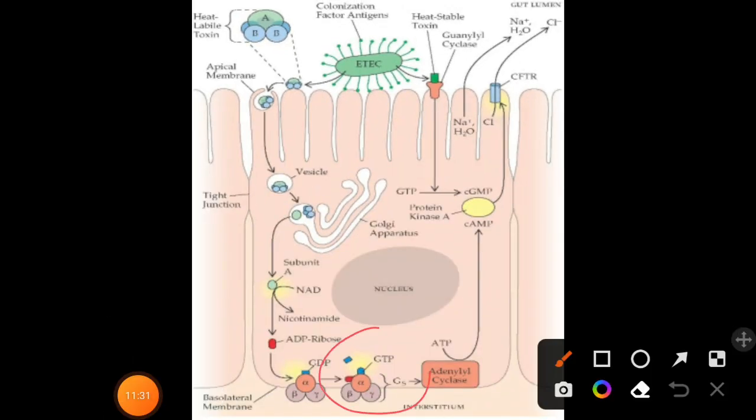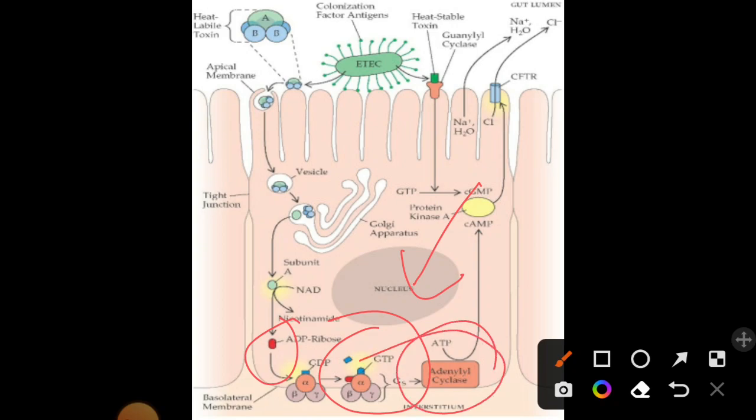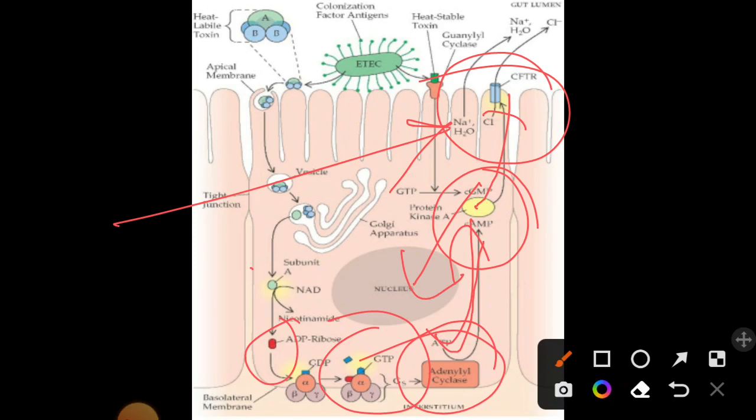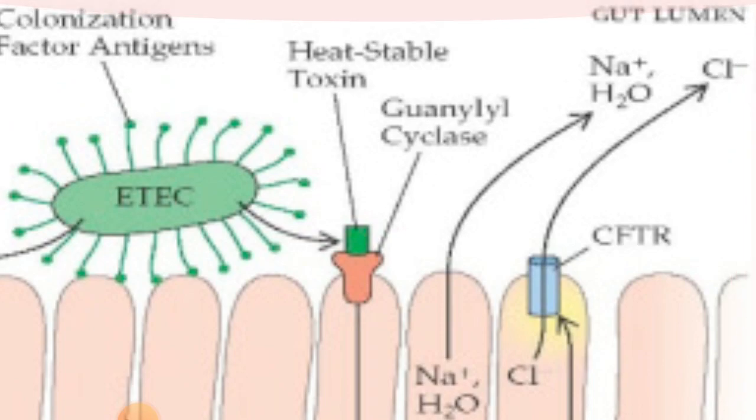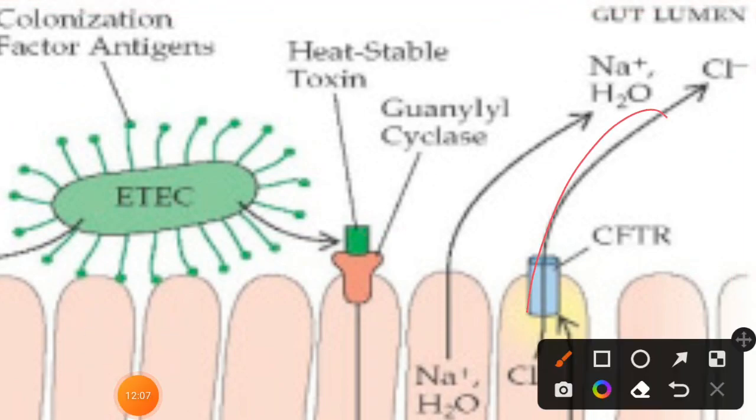The G alpha GTP complex is activated for a longer time because of the presence of the ADP ribose group, so it activates adenylate cyclase for a longer time, which in turn activates protein kinase A for a longer time. This protein kinase A activation opens the CFTR channel for a longer time, which causes a large amount of chloride ion loss.